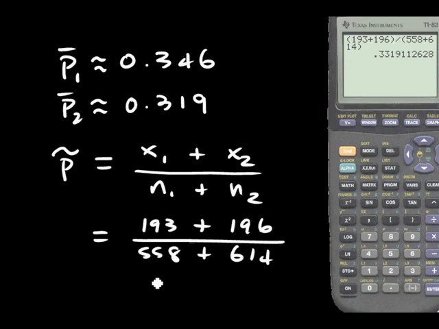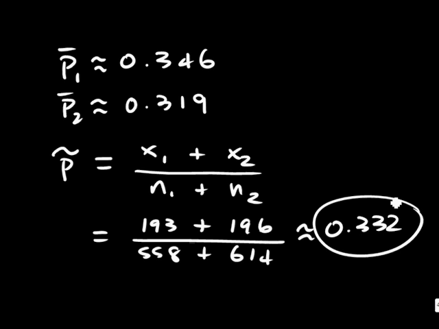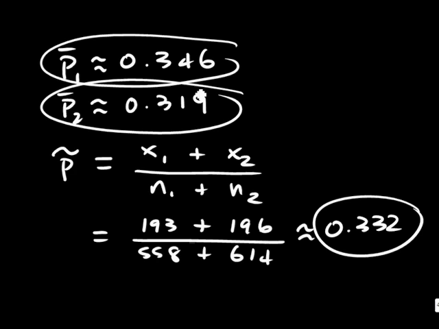Now, we're going to use all of this information here. Sample proportion 1, sample proportion 2, and the pooled proportion. I know your book uses P with this symbol here. Looks like a caret symbol on top of the P for pooled proportion. I will be using the squiggle for pooled proportion.